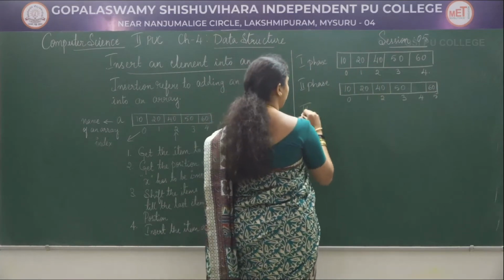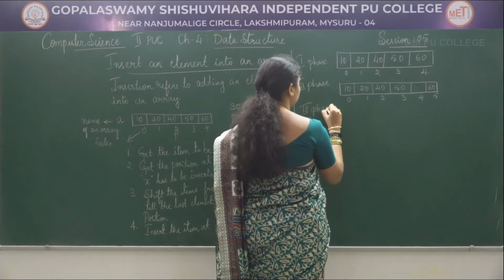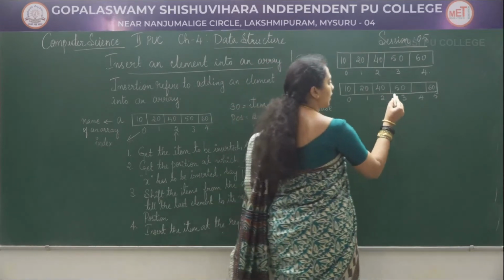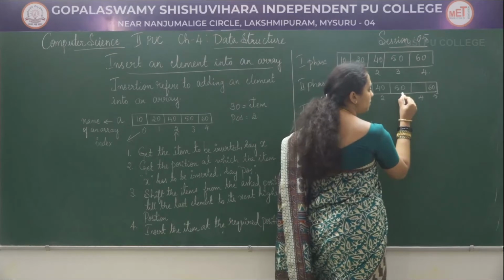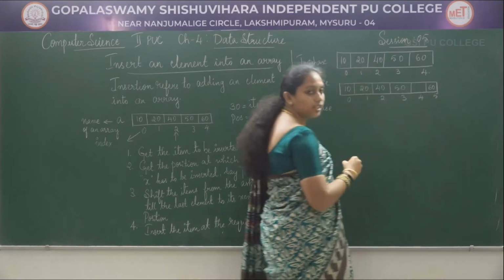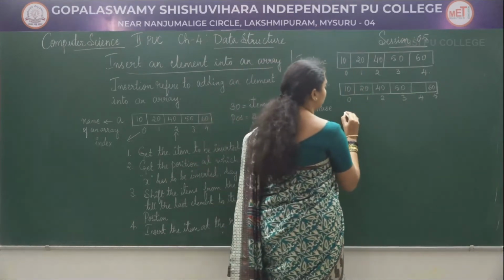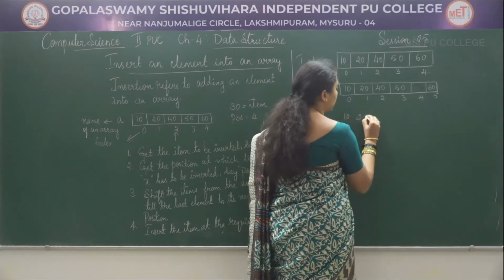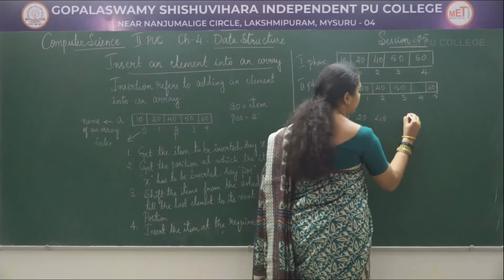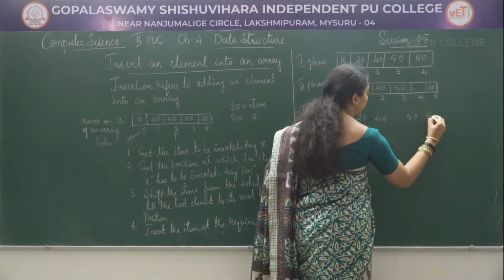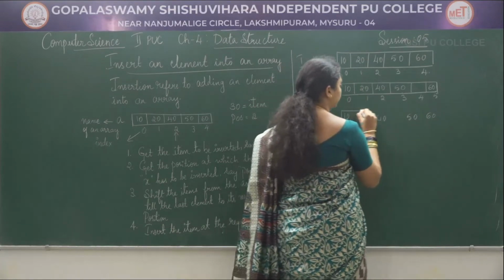In the next phase, we have to shift the item 50 to position 4. 10, 20, 40, 50 and 60.